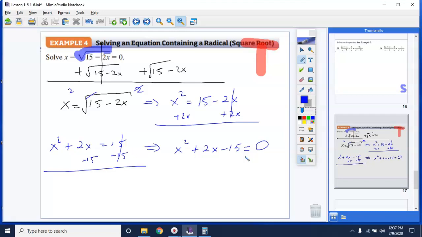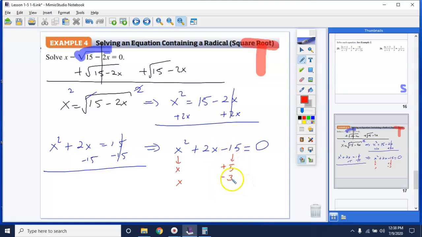Remember, there were a couple of ways to solve them. We can use the formula, which works anyway, but I can see that I can factor this quadratic equation. Let me factor the first term, which is x and x. Let me factor 15: 5 times 3. But it's negative 15, so one of them should be negative. Negative 3 and positive 5.